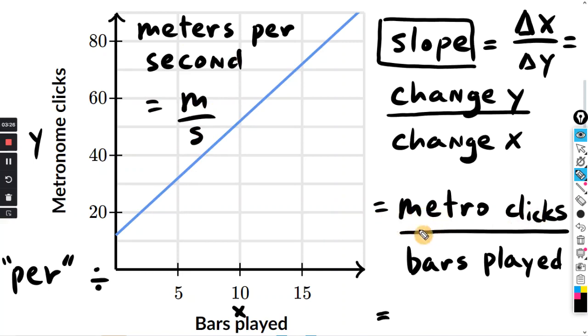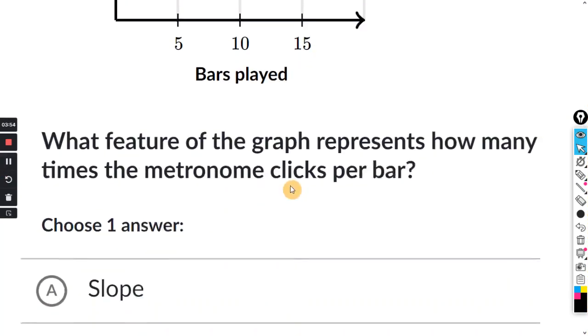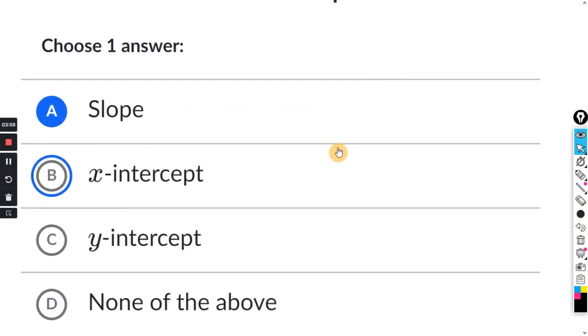This is number of metro clicks per bars played. I'm pretty sure that's what answer A is. Let me erase this and look at what they asked us one more time. The question asked, which feature represents how many times the metronome clicks per bar? Metronome clicks per bars played, that's what we said, and that is the slope. So that is answer A.